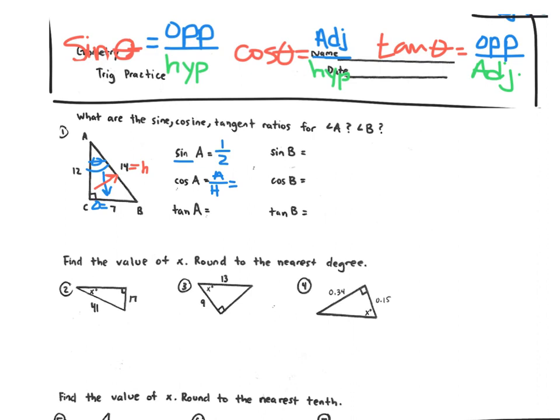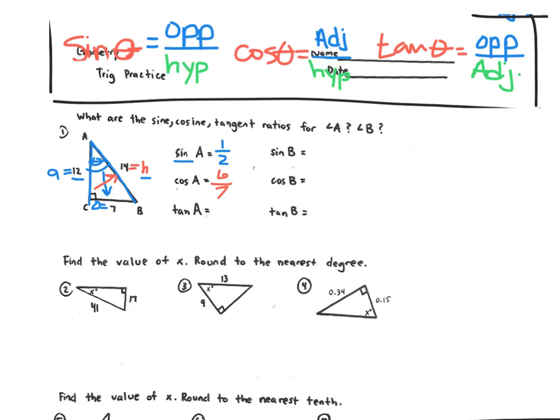Notice we don't have that listed yet. That's the one that's touching. Adjacent is always touching, and you might think, well, why isn't this adjacent here? Well, remember, that's the hypotenuse. So that number will go on bottom, while this 12 here, that's the adjacent side. That'll go on top. And yet again, I have a fraction that I need to reduce. 12 over 14 is going to give me 6 over 7, dividing top and bottom by 2.